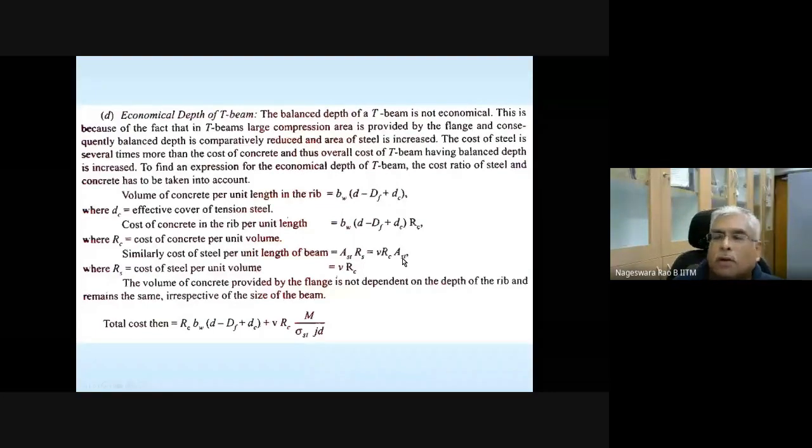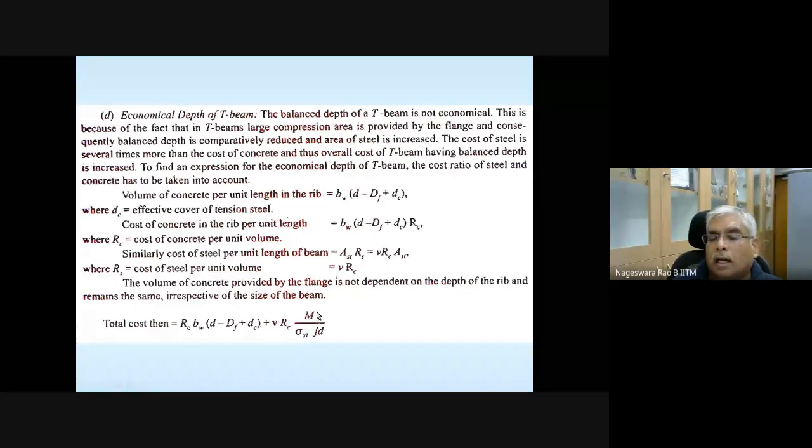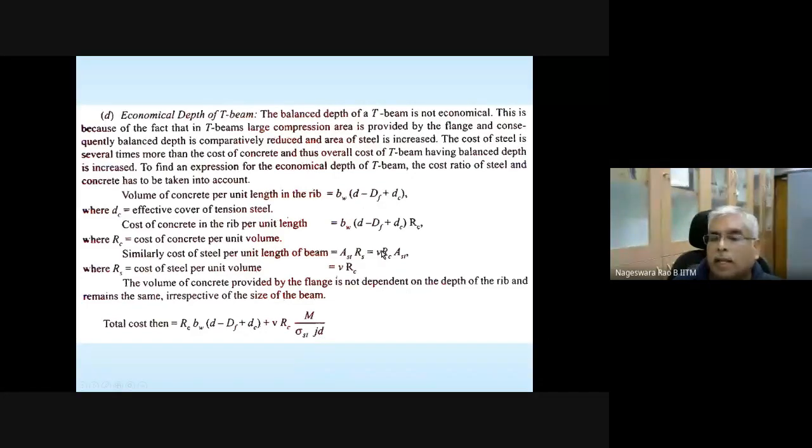Because we don't have control on the flange region, the overall cost of the T section can be assumed as this plus this. The volume of concrete provided by the flange is not dependent on the depth of the rib and remains the same irrespective of the size of the beam. So the total cost is this plus this. And what is the area of steel? Area of steel is moment divided by the permissible stress in steel multiplied by the lever arm distance. That's why, instead of AST here, this is used. So the total cost is given by this.